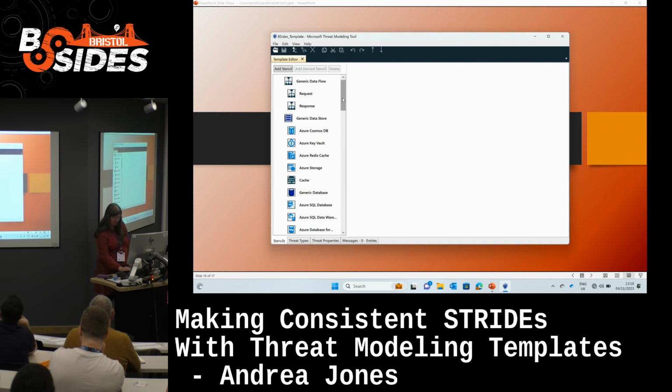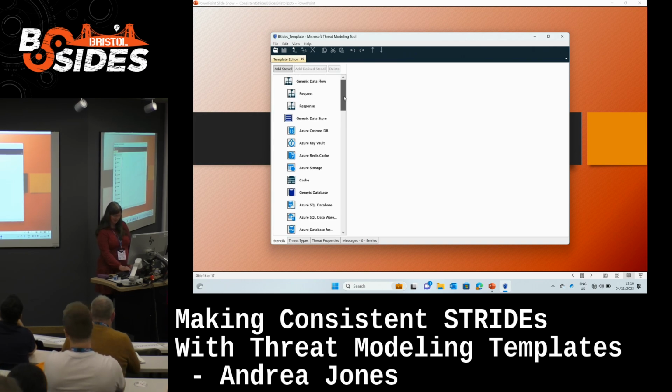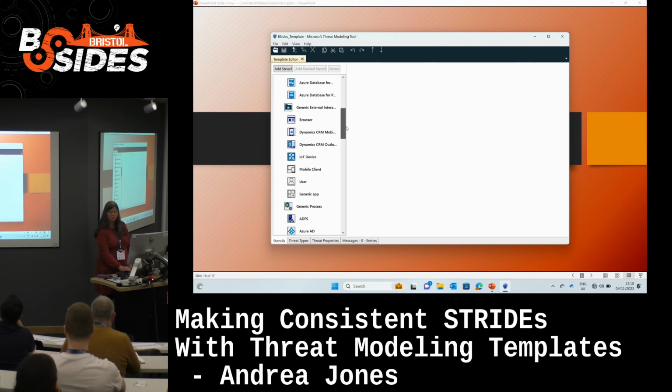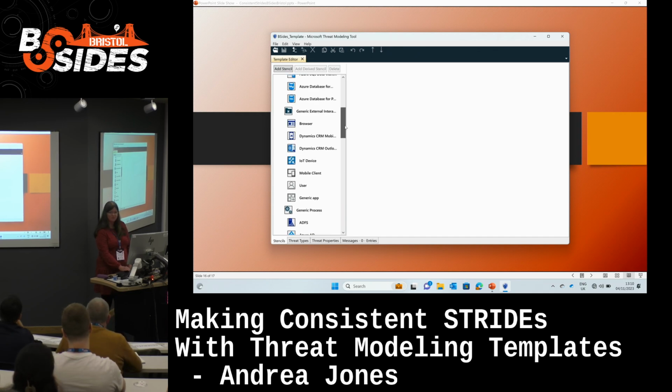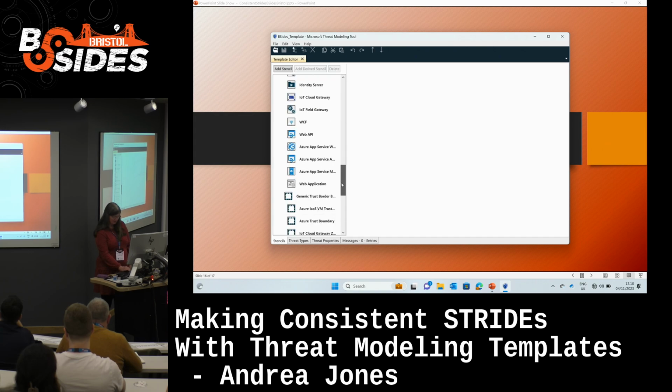Here on the left, you see all the standard components that Microsoft has put in, and it does have some generic elements. But it's not always easy to get the full benefit of threat modelling just from a generic element. It will give you some information, but not as detailed as it could be, as when looking at our S3 bucket, for example. And then we go down and we've got various Azure components, as I was telling you earlier.